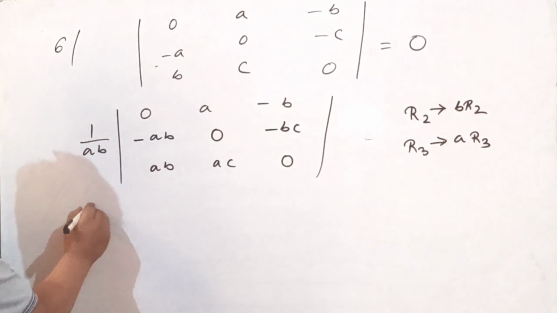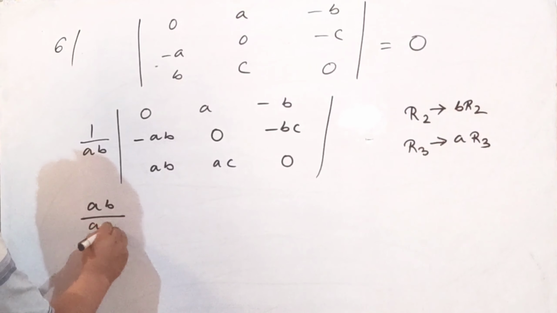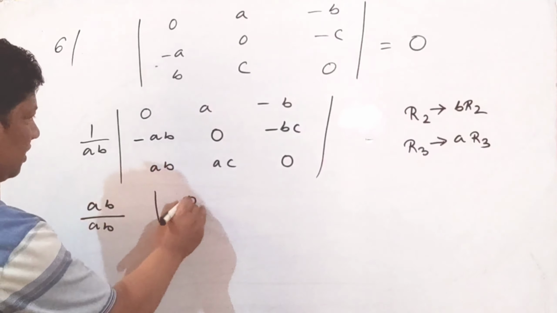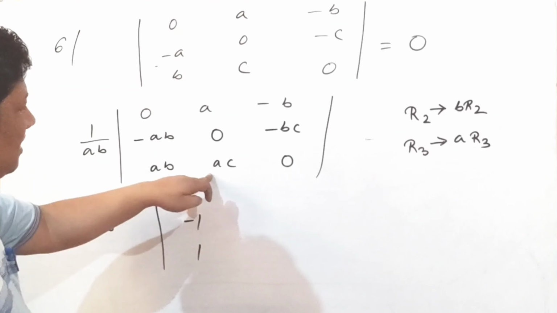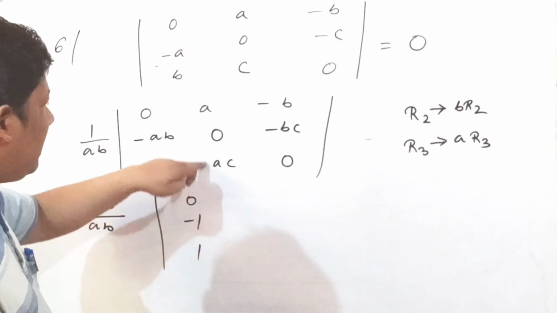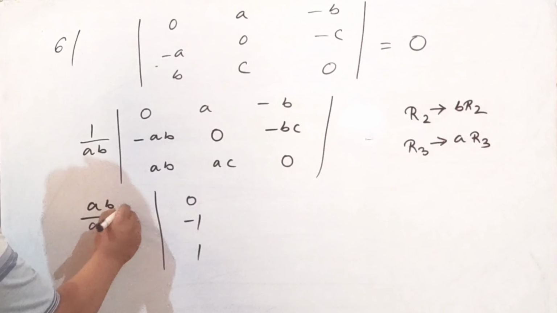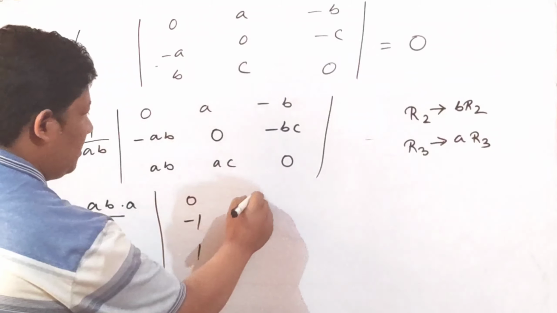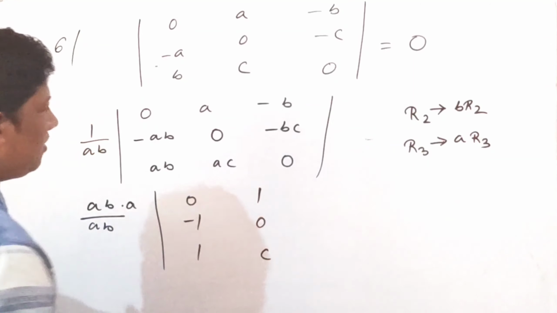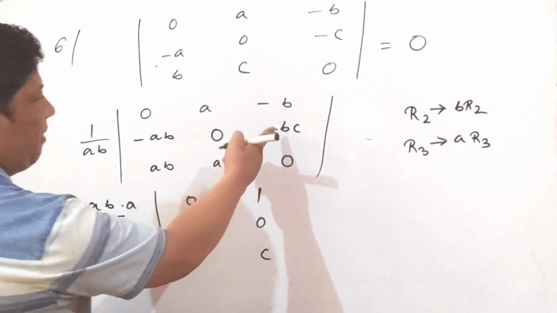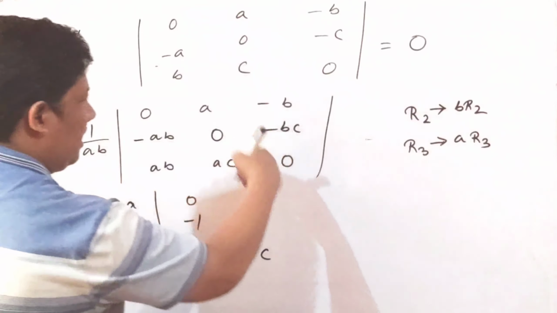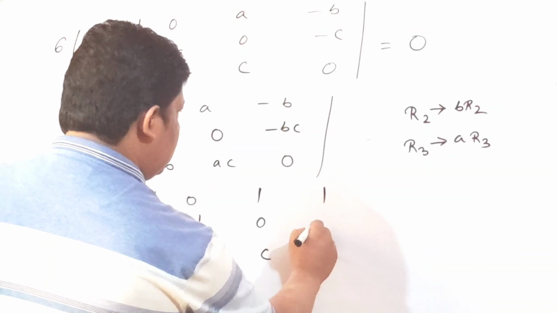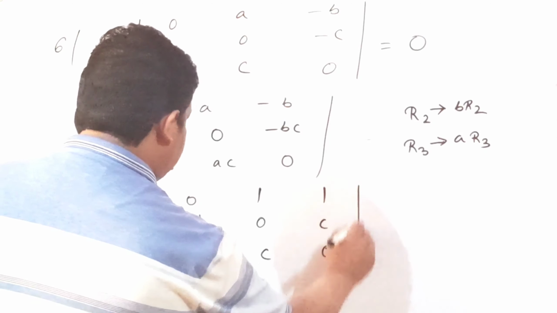AB upon AB, you get 0, minus 1, 1. If you take A common from this side, you get 1, 0, C. And if you take minus B common from this side, you get 1, C and already 0.